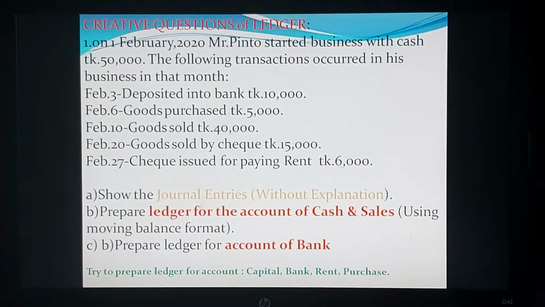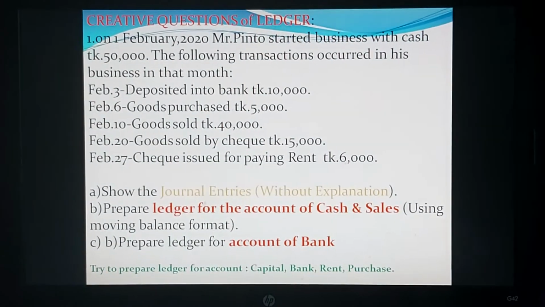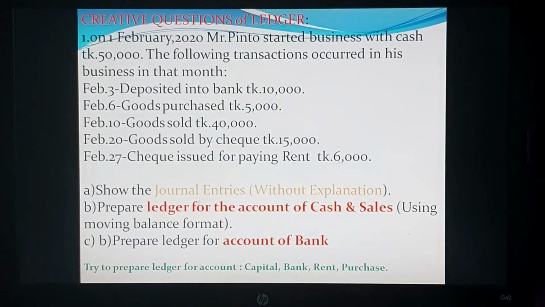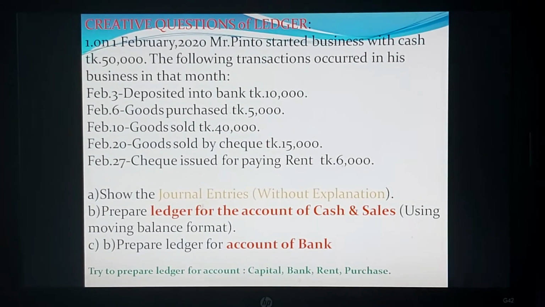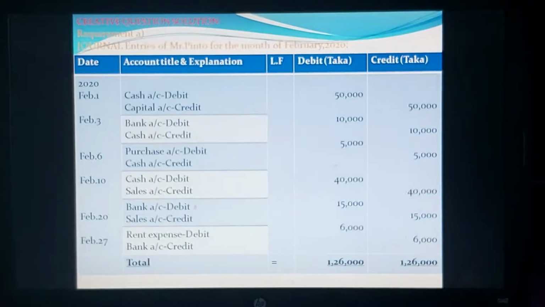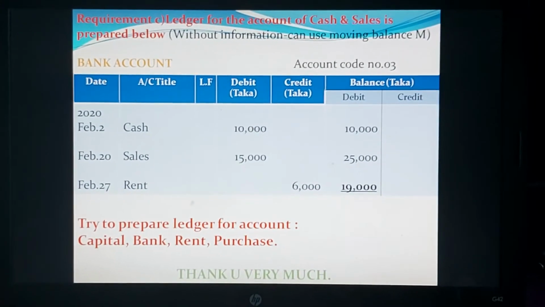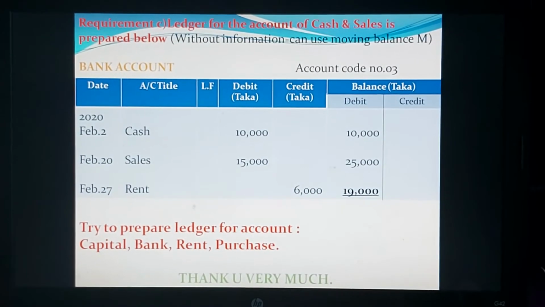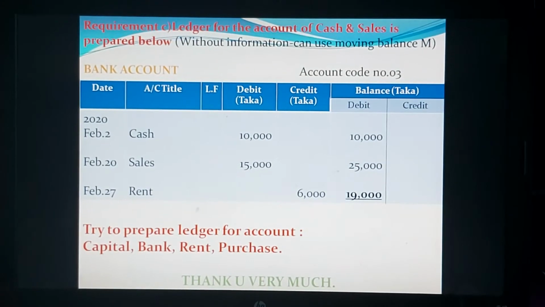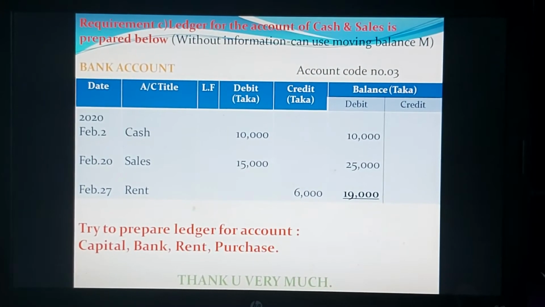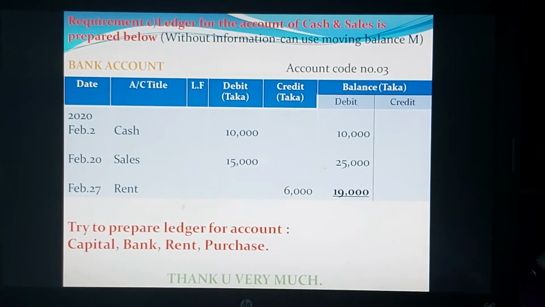Without information, you can take the moving balance format. You can see the answer of the bank account. Requirement C, ledger for the account is prepared below. Without information, you can use the moving balance method.